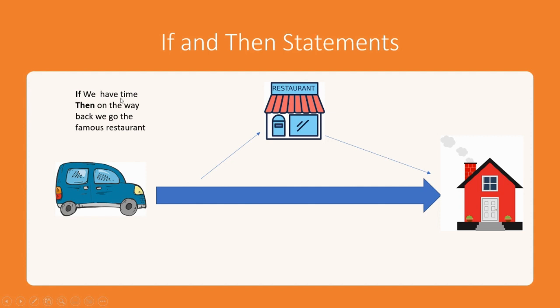If we have time, then on the way back we go to the famous restaurant. And if there is no time, we're just going to go straight home. So if the criteria of time is met, we go to the restaurant; if it's not met, we go straight home. This is an example of an if and then statement that we use every day in our lives.